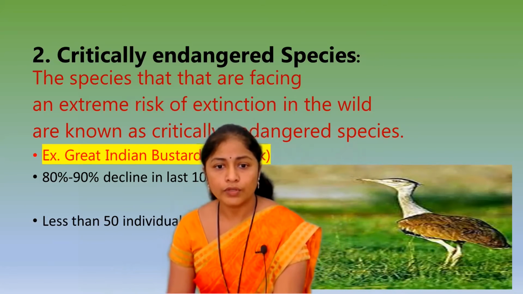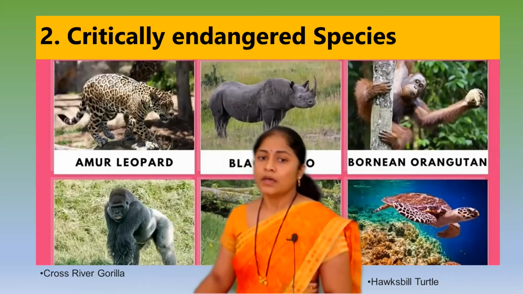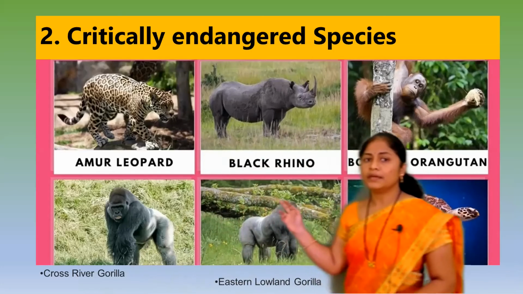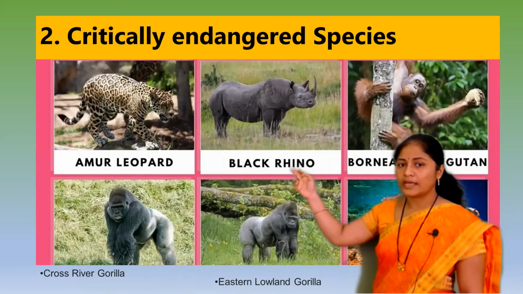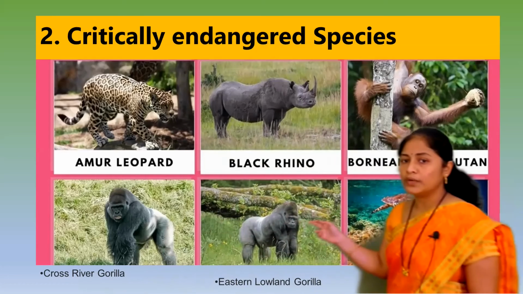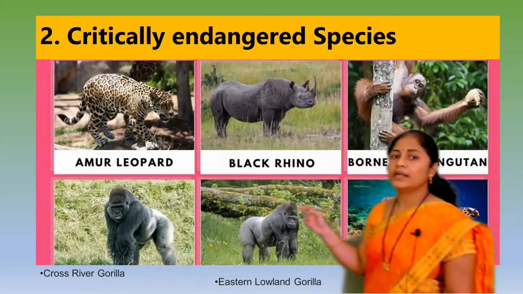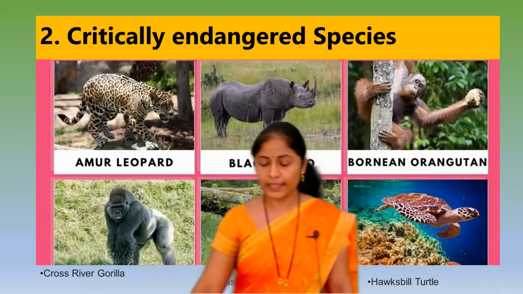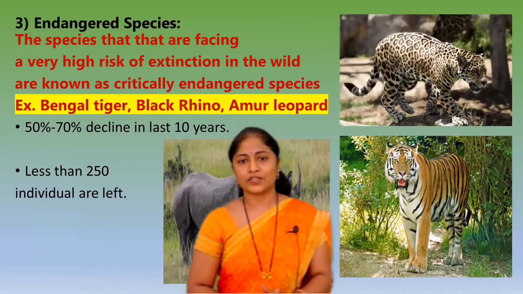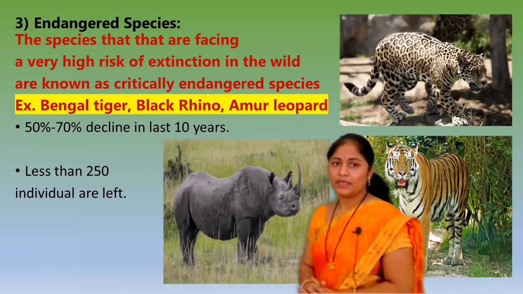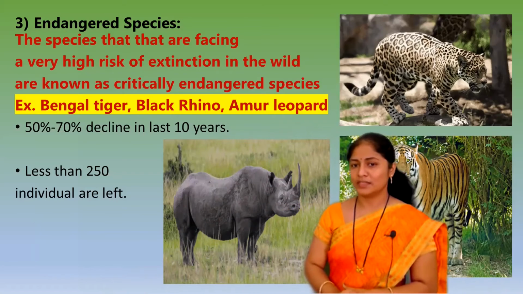Here I am going to show you other animals included in this group. The black rhino, as well as the different species of gorilla, are also included in these critically endangered species.